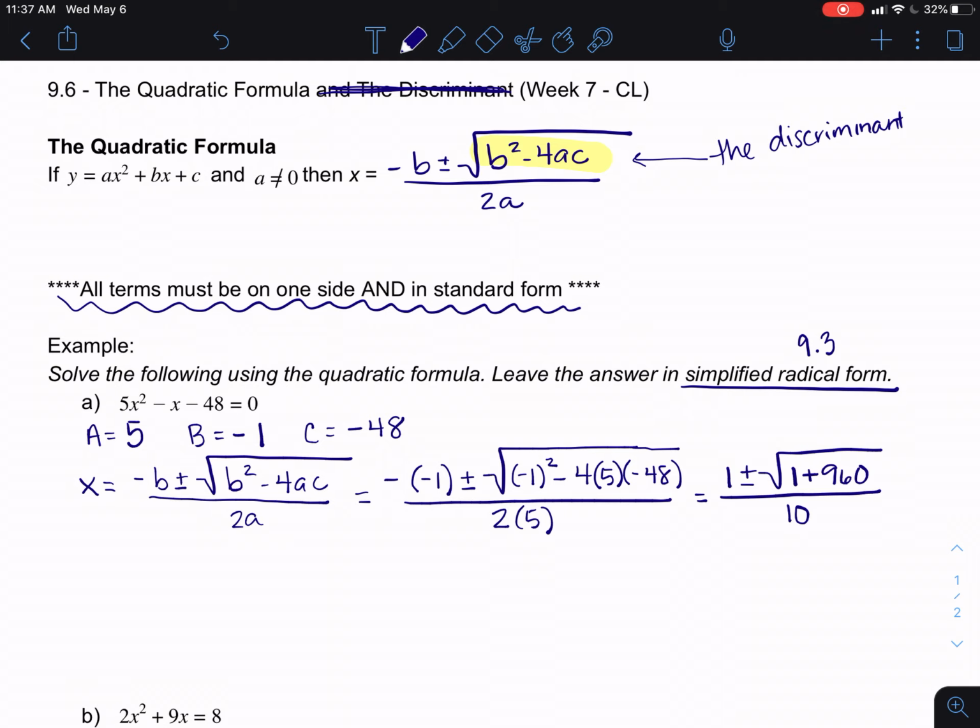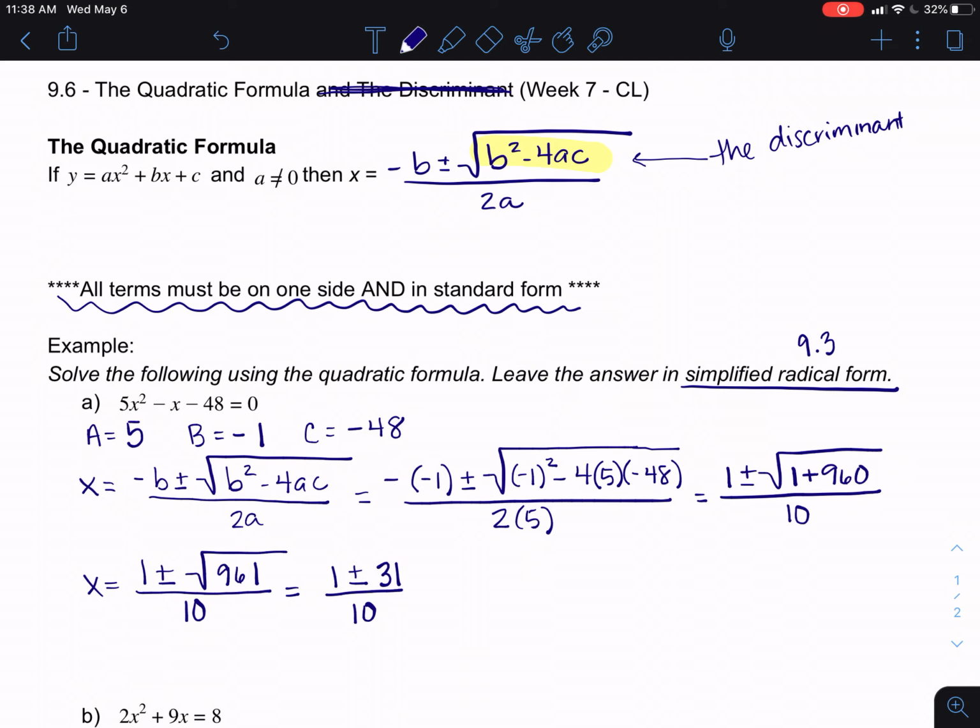Okay, we're going to simplify the inside of our square root. So we have x equals 1 plus or minus, 1 plus 960 is 961, all over 10. So we have 1 plus or minus. So if we take the square root of 961, it does end up giving us a whole number, so 31 over 10.